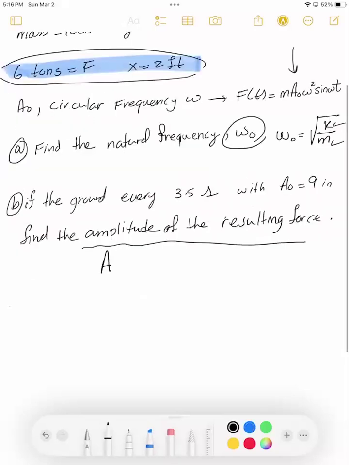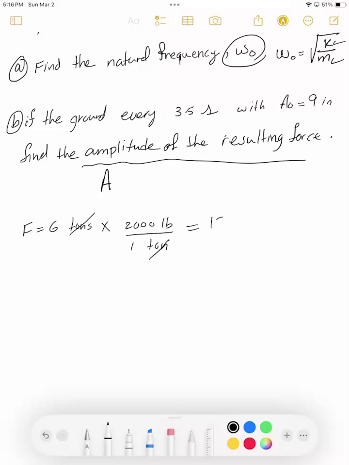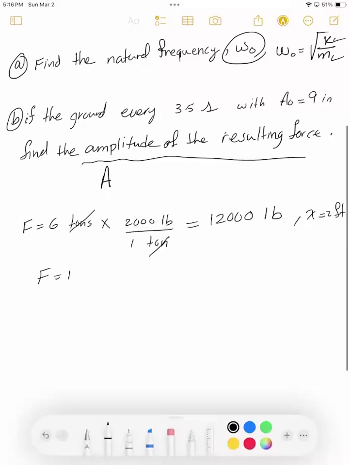We know that 6 tons, that is the force, but we need to convert it into pounds. So we know that there are 2,000 pounds in 1 ton. And we cancel, we get 12,000 pounds. That is the force. And X is equal to 2 feet. So we know the formula is F is equal to KX.